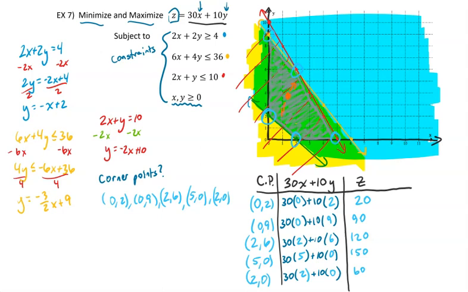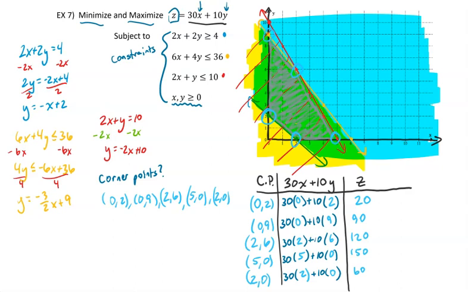Or we could go down more and get something that was smaller. The only points that don't have a chance of us going up or down to find something bigger or smaller are corner points. So we know that they have to be corner points.